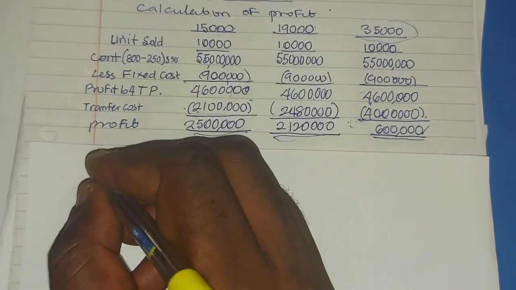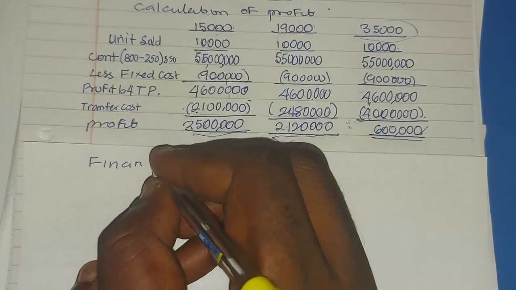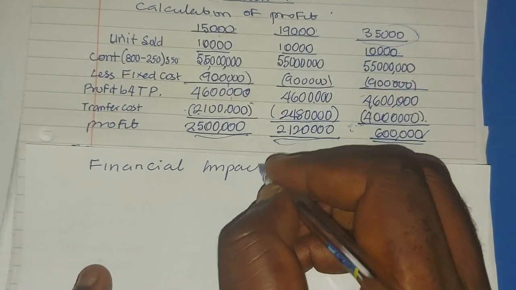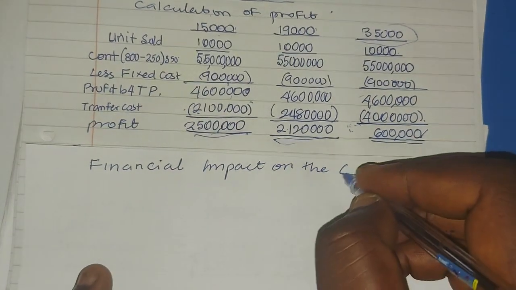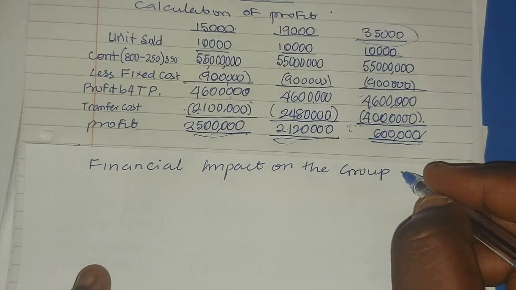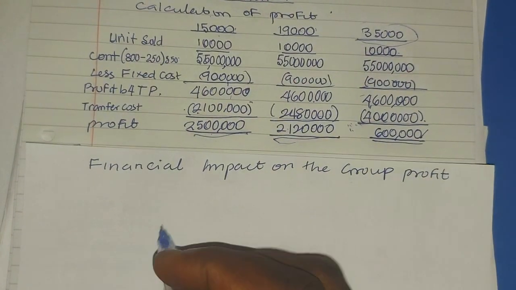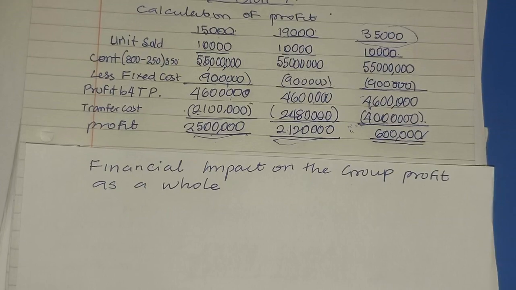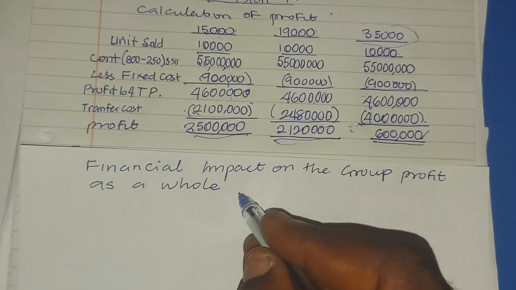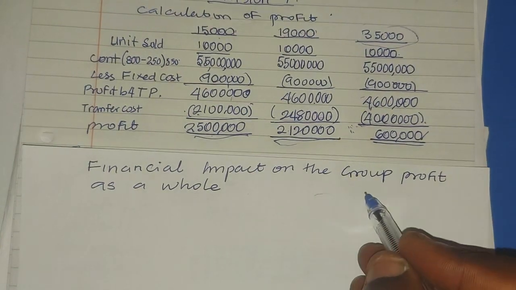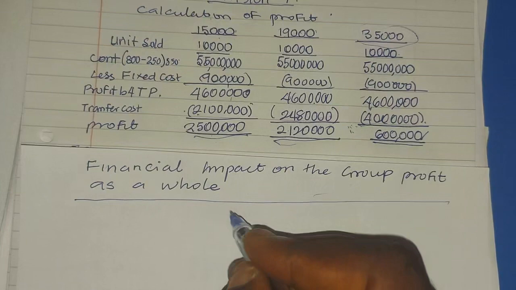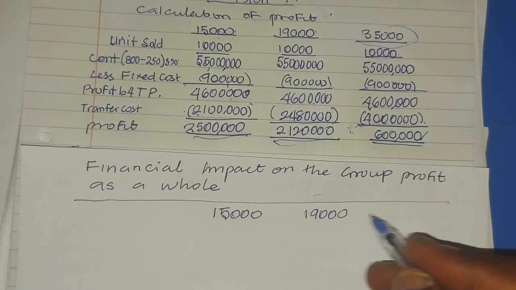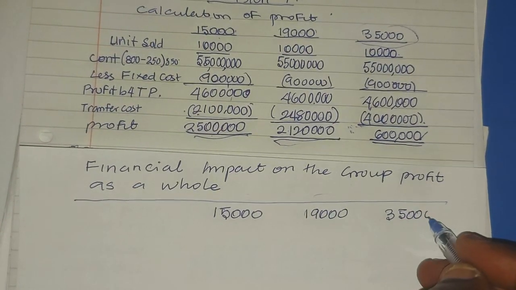Now you will write the financial impact analysis, the financial impact on the group profits, that is the company as a whole, if the policy is ignored by division Y at these levels of demand, that is 15,000, 19,000 or 35,000 units.